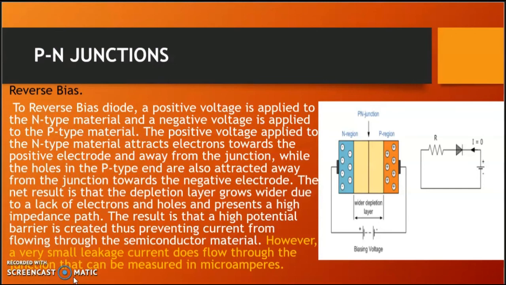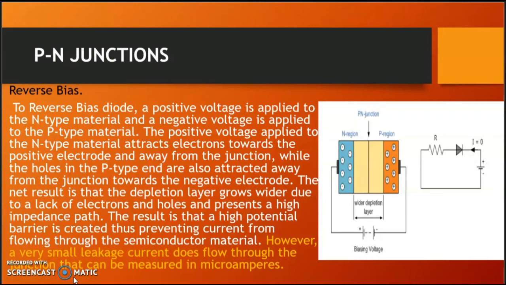The net result is that the depletion layer grows wider due to the lack of electrons and holes and the presence of a high impedance path. The result is that a high potential barrier is created, thus preventing current from flowing through the semiconductor material.